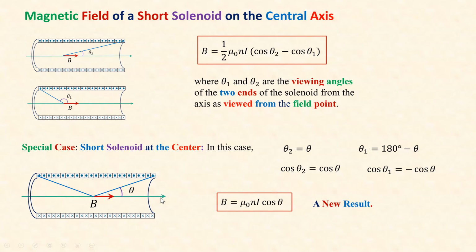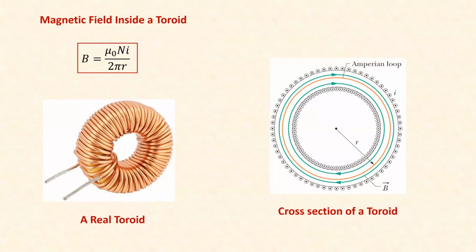You see this cosine theta for that particular solenoid, you could calculate and see how much smaller than an ideal solenoid it is by cosine of this angle. Of course, the longer the solenoid becomes, the theta becomes smaller, and therefore you get closer and closer to the field of an ideal solenoid. So this basically gives you a comprehensive value for every kind of solenoid. And then we talked about toroid, and that is this kind of distribution of currents.